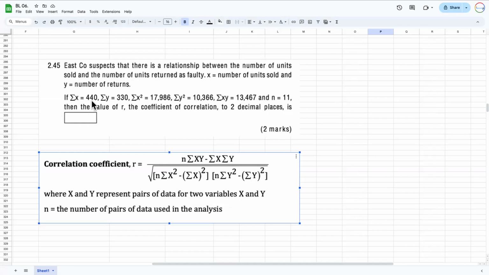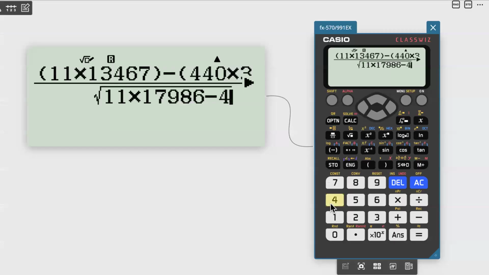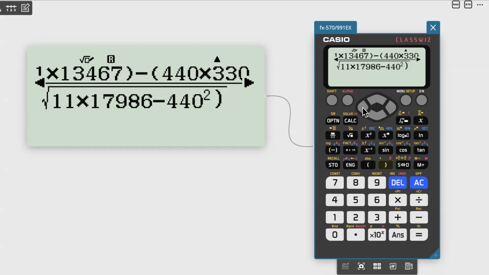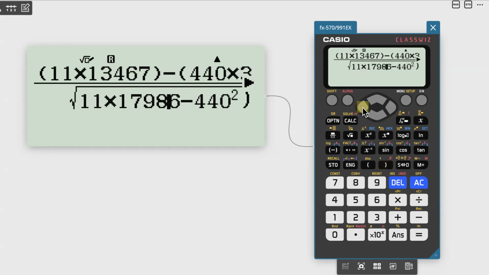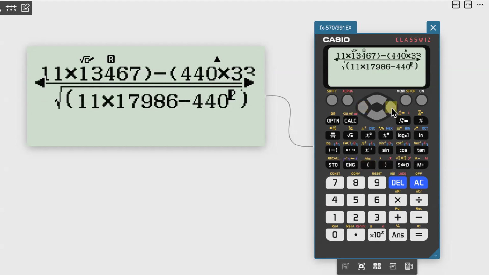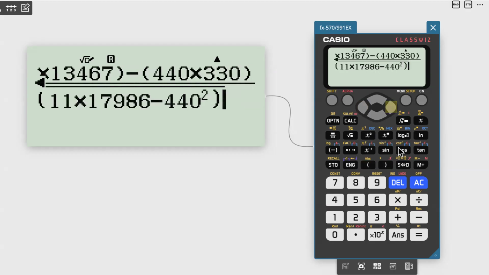Sigma x is 440, so 440 fully squared. That's the first bracket option. So let's put a bracket for that here and there. Then we have another bracket option.